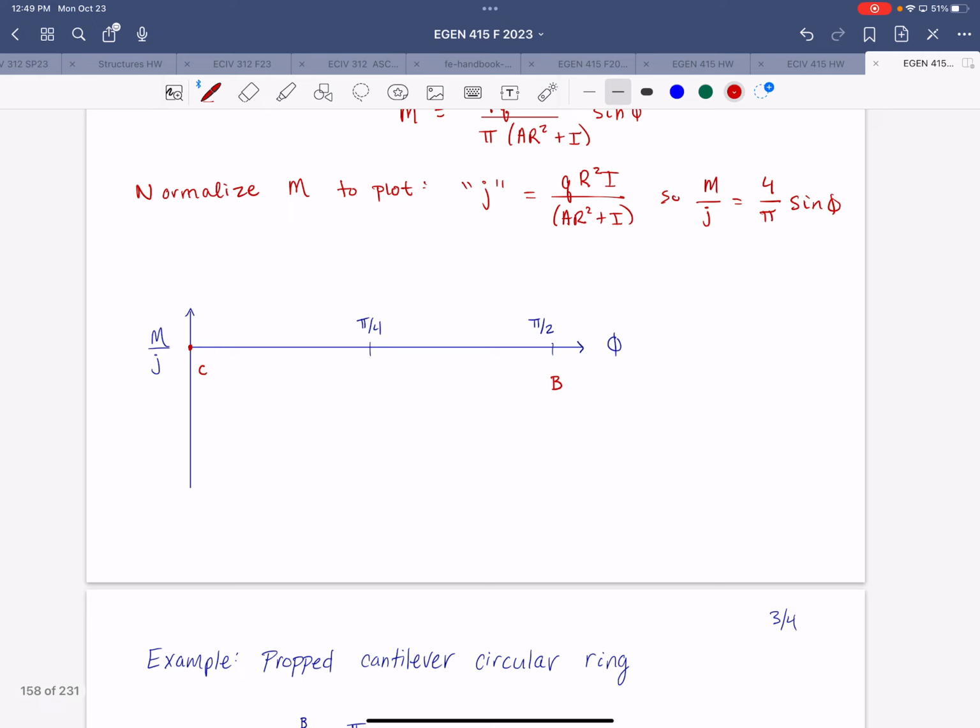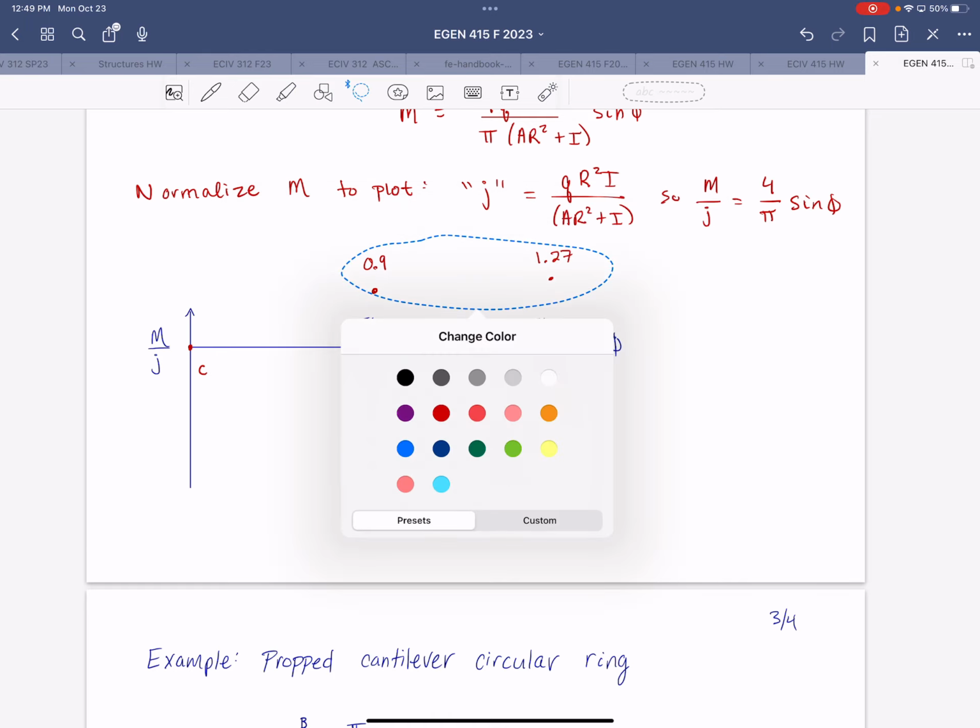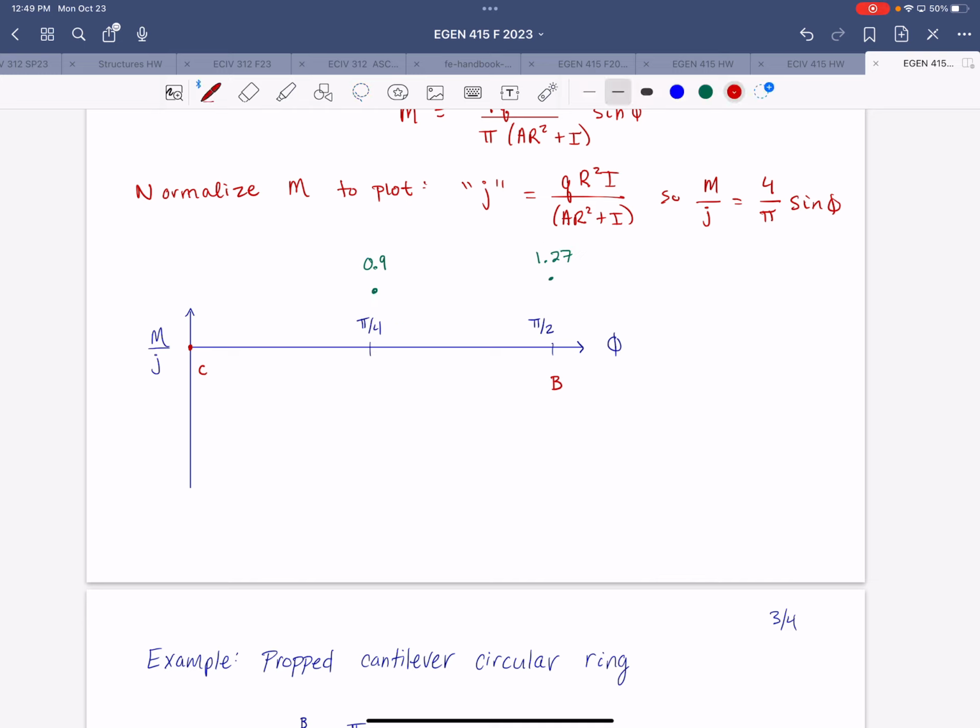So that comes out to, at pi over 4, a value of 0.9, and at pi over 2, a value of 1.27. So I'll make that a little bit higher. I'll change the color, green. And so that plot would look something like this. All right, and then it would be symmetric to pi.